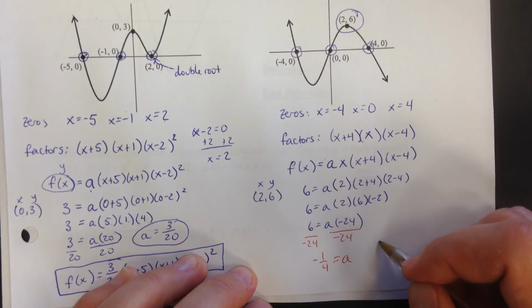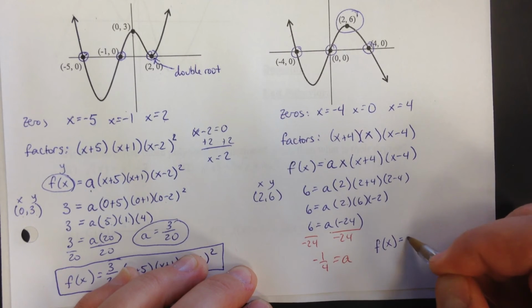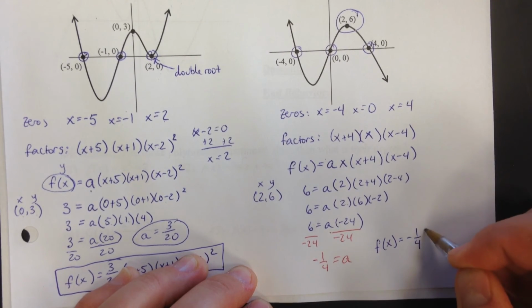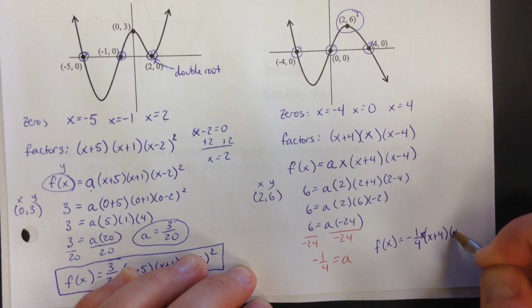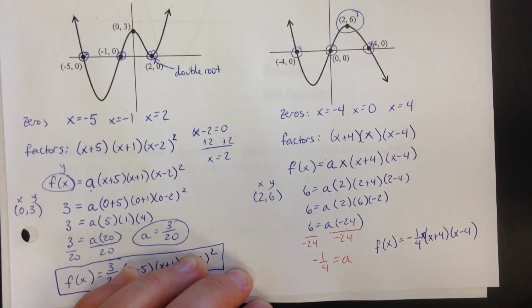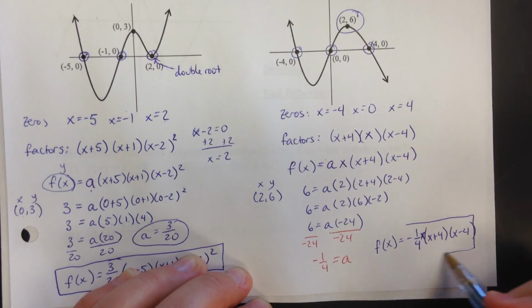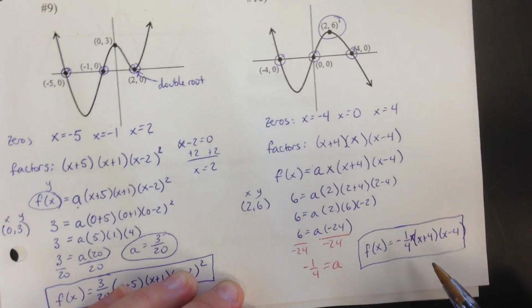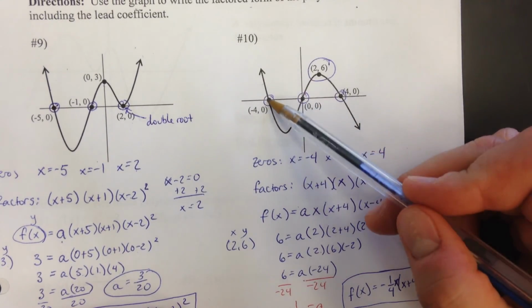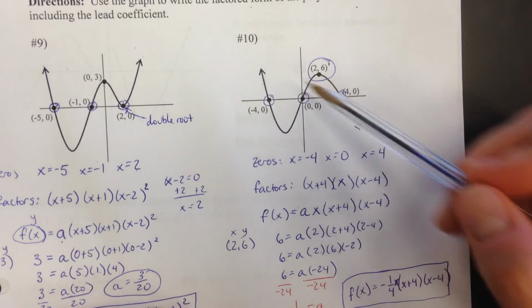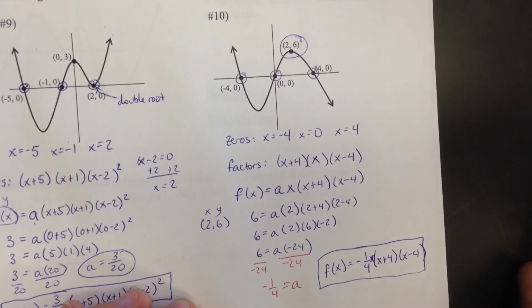So we're going to write the whole function, f of x equals -1/4 times x, put the x in front, and then x plus 4 times x minus 4. That's our function. This is a third degree, okay, and that should make sense because we have 3 zeros. The end behaviors are different, so it's an odd degree function.